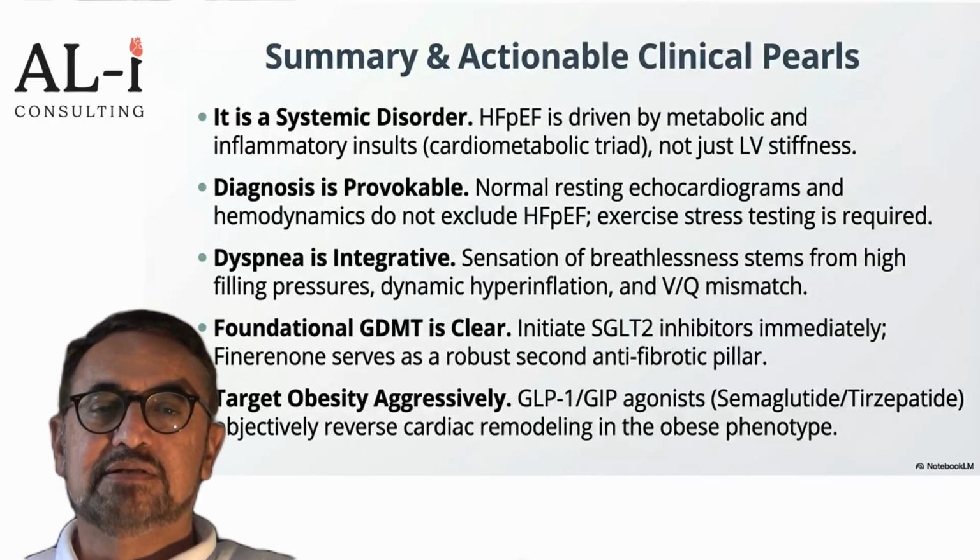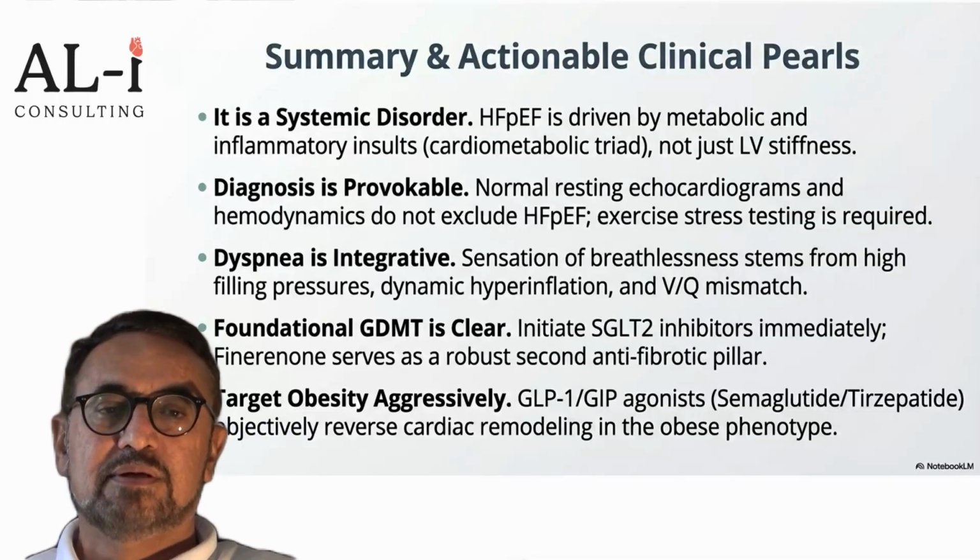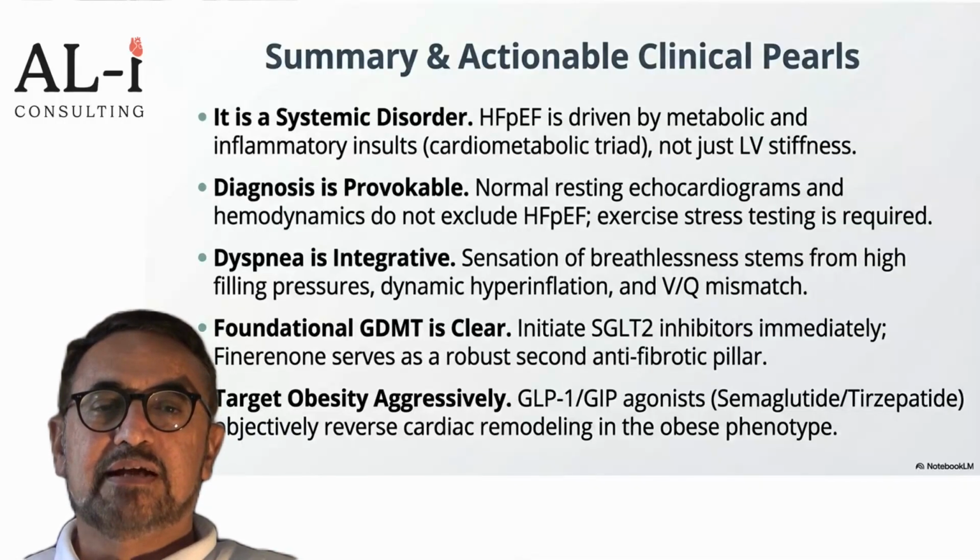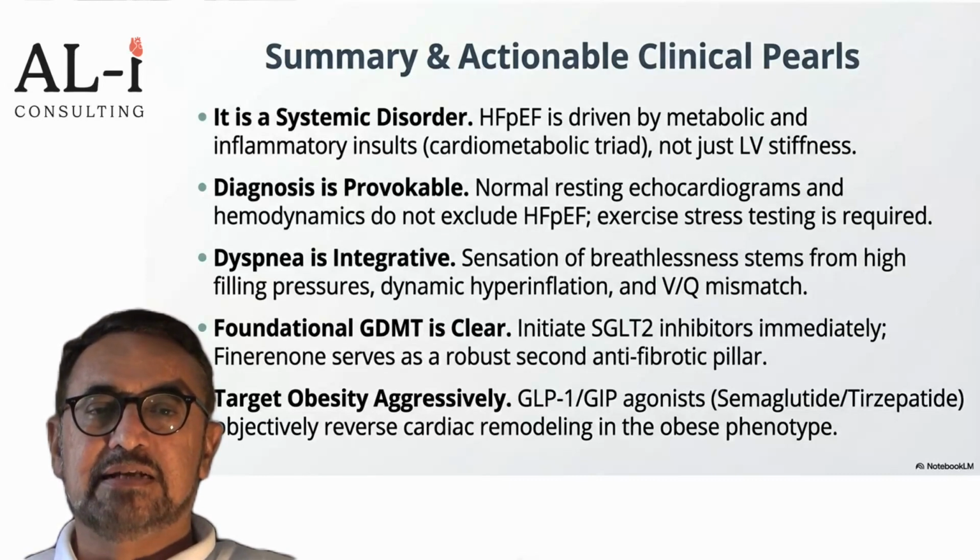Rising filling pressures, dynamic hyperinflation, and ventilation perfusion mismatch all contribute. Fourth, foundational guideline directed therapy is now clear. Start SGLT2 inhibitors early. Think seriously about finerenone and phenotype-guided escalation.